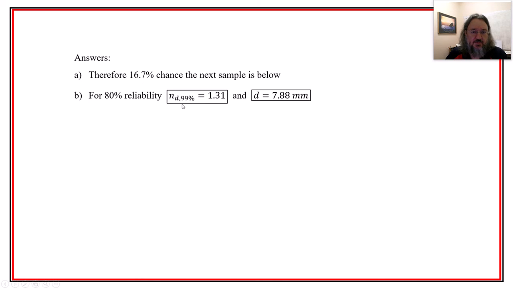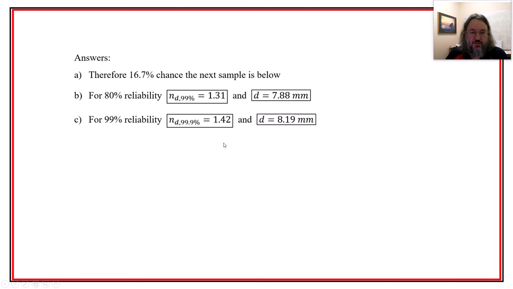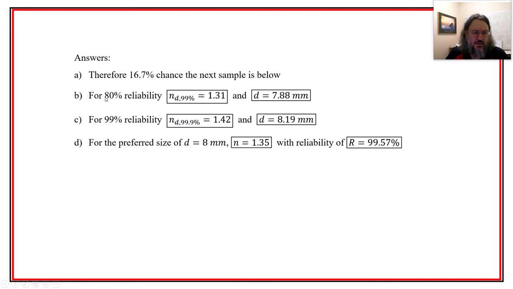So here's 80% reliability, 7.88 millimeters, and then for 99% reliability, we get 8.19. I think I messed that up. That's this right here. I'm sorry, that's a mistake. This should be the 99, which is correctly written right in here, and this should be the 99.9, which is written correctly there.